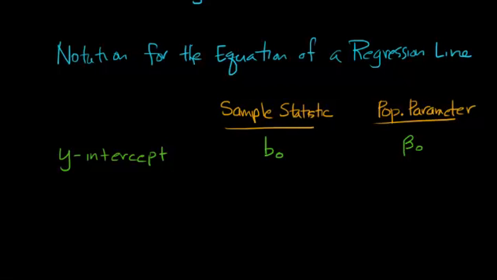The next thing is the slope. We said in our textbook that's going to be b sub 1. The parameter then is beta sub 1. And then finally, what's this equation?